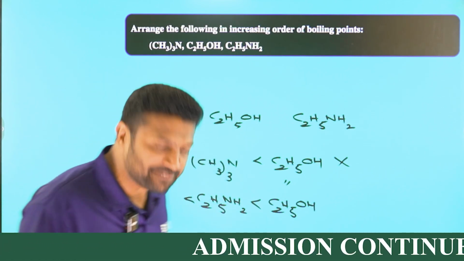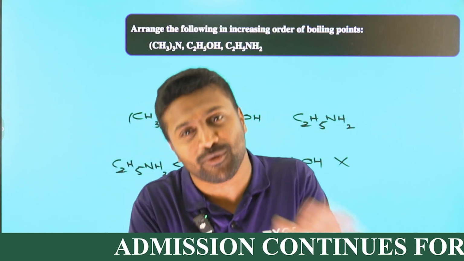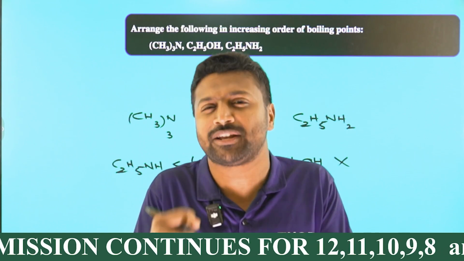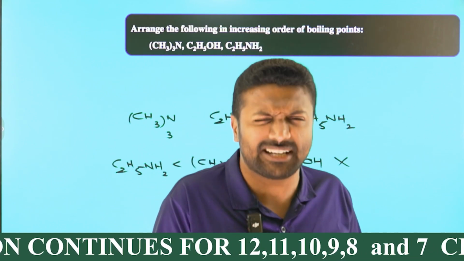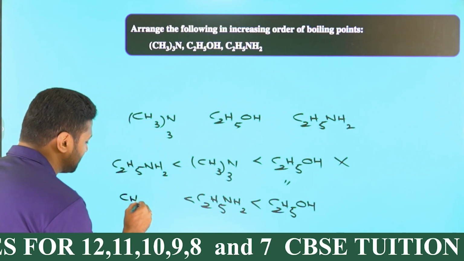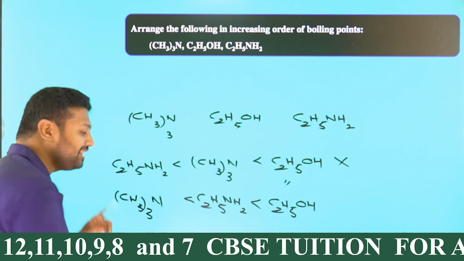Generally the first criterion is molecular mass, but for this question H bonding overcomes the molecular mass factor. Because of that, the primary amine C2H5NH2 has a higher boiling point than the 3-carbon one.